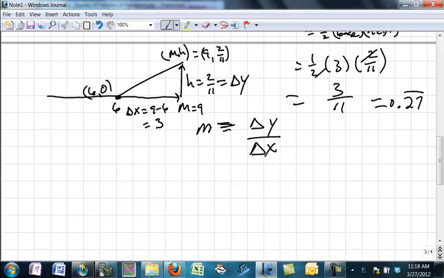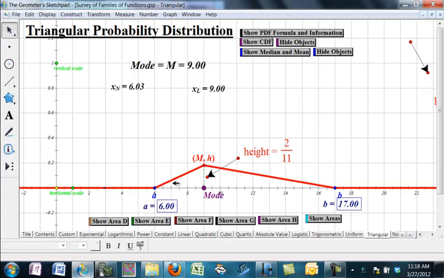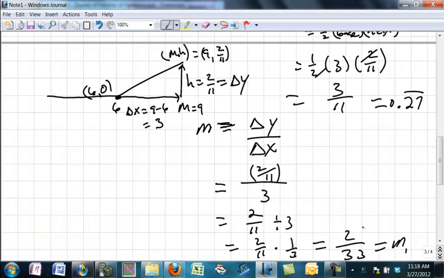That's the vertical change over the horizontal change. Well, vertical change is 2 elevenths. Horizontal change is 3. So 2 elevenths divided by 3 is 2 elevenths times 1/3, which is 2 over 33. I'm going to call that m sub 1. That's the slope of this part right here. Here it is to scale over here. Slope is 2 over 33.